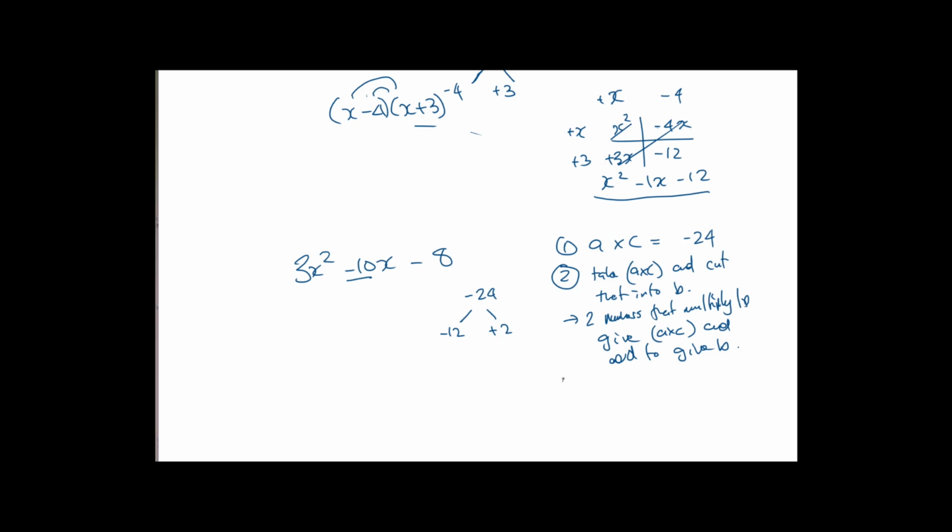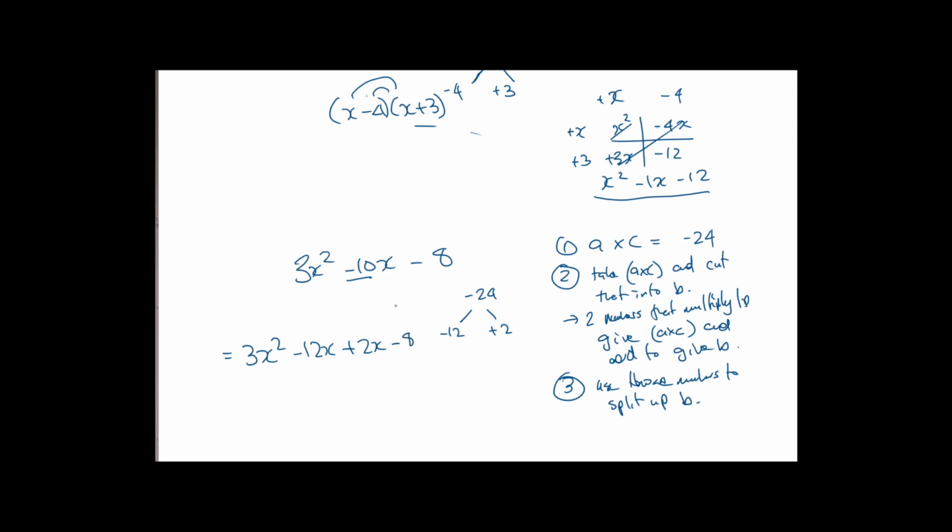Third step is we use those numbers to split up B. I can't think of another way of describing it. So I'm going to rewrite this equation like this: 3x squared minus 12x plus 2x minus 8.